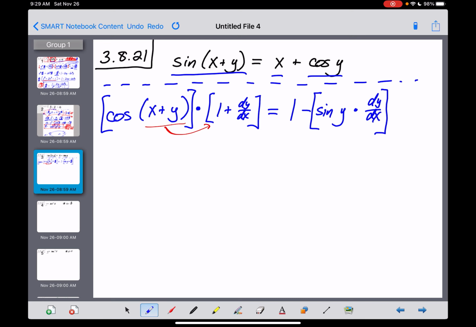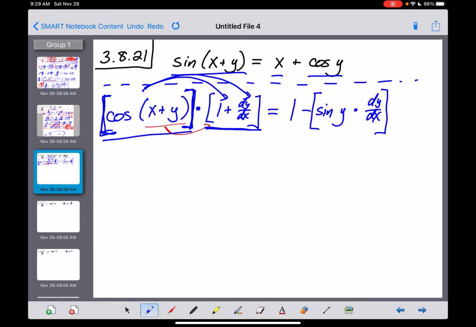Without the brackets that I drew, it can be difficult to see what's going on. But this, you guys, is one big monomial expression. It's being multiplied now by a binomial, so this cosine of x plus y is going to need to get distributed into that binomial right here. That really doesn't seem natural, but yeah, that's what has to happen.